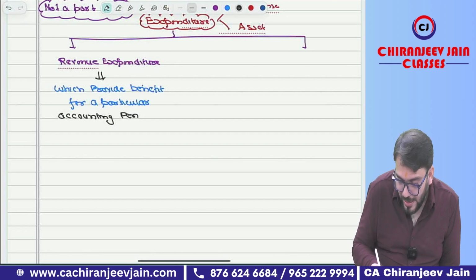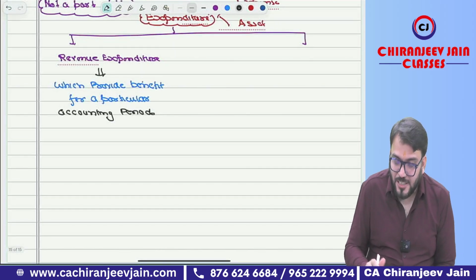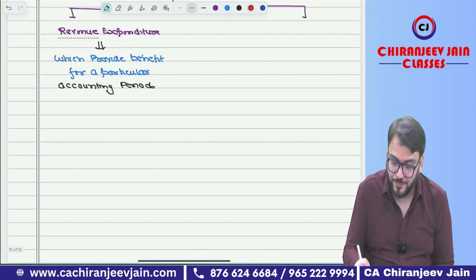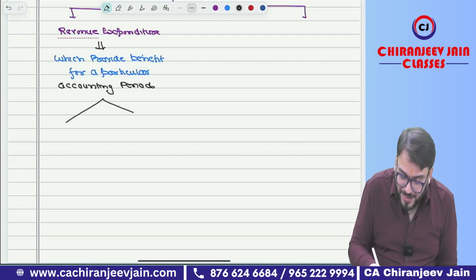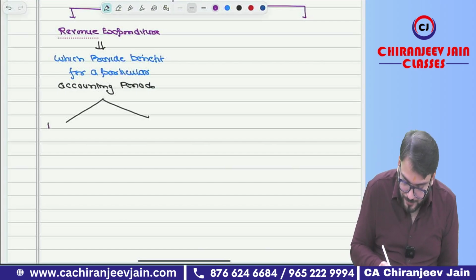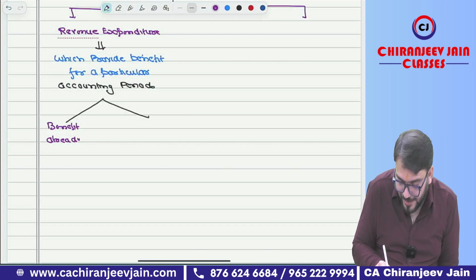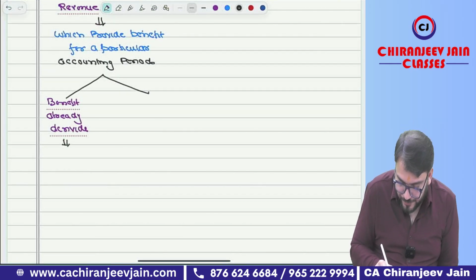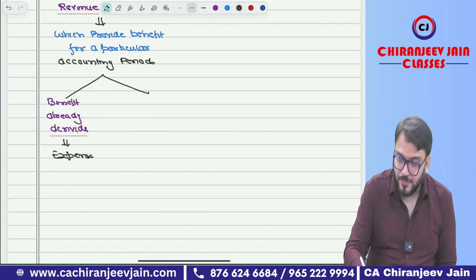Any expenditure which provides benefit for a particular accounting period is known as revenue expenditure. If the benefit is already derived, then it will be an expense.